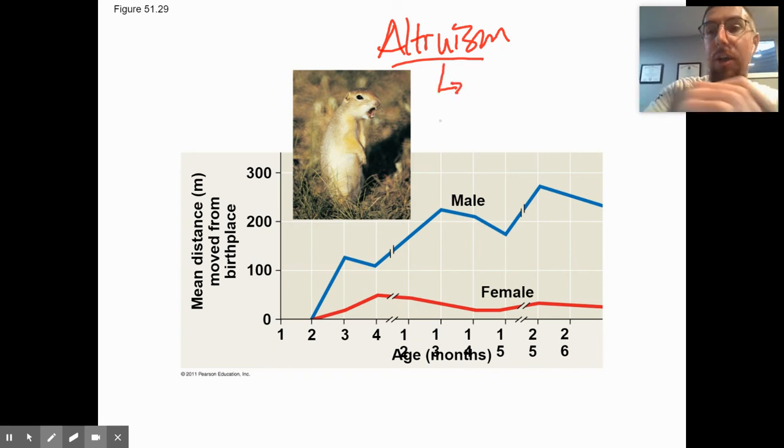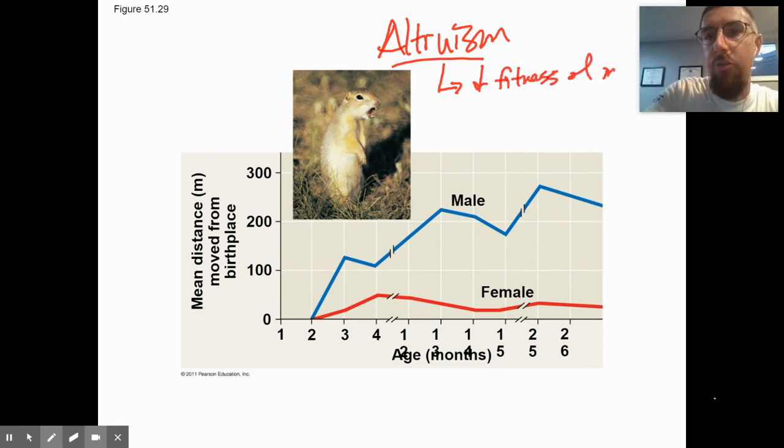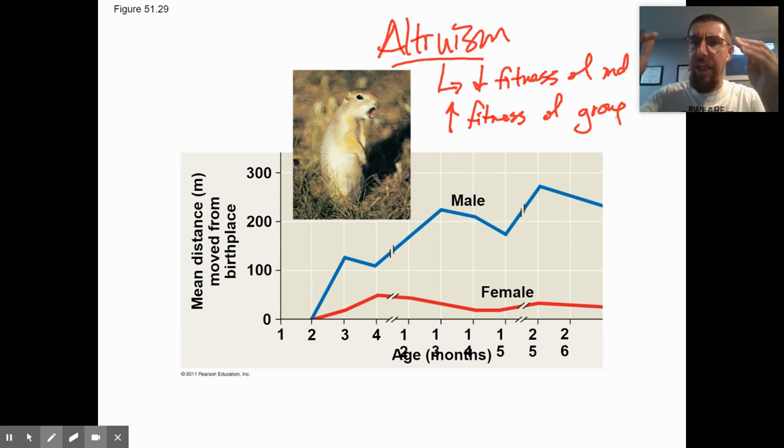Altruistic behavior amounts to behavior that decreases the fitness of individuals, but it increases the fitness or survivability of the group. Okay, so we're talking about behavior that harms you but benefits the group.